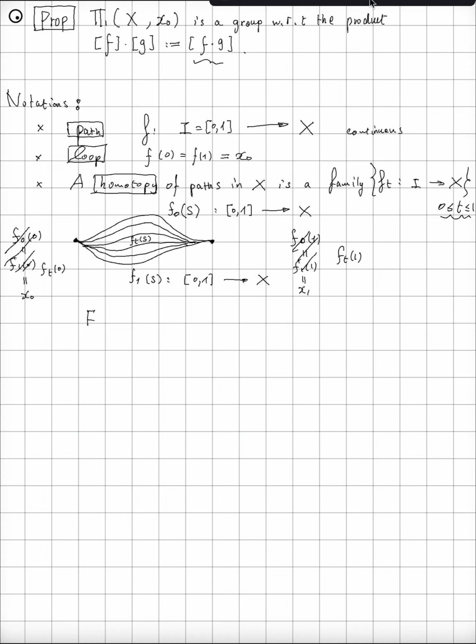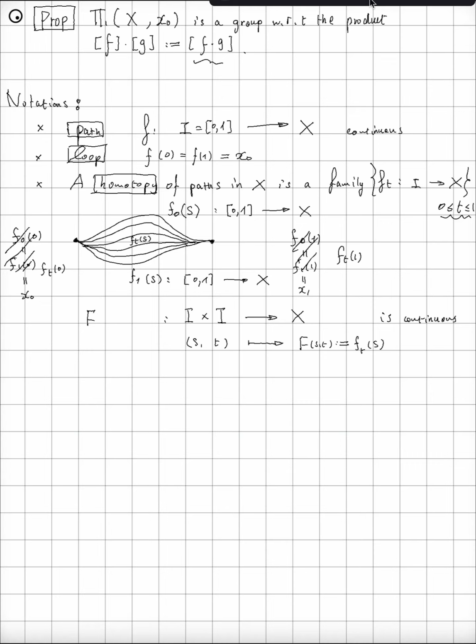where I is again the closed interval from 0 to 1, let's say F(t, s) we define to be ft(s), is continuous.